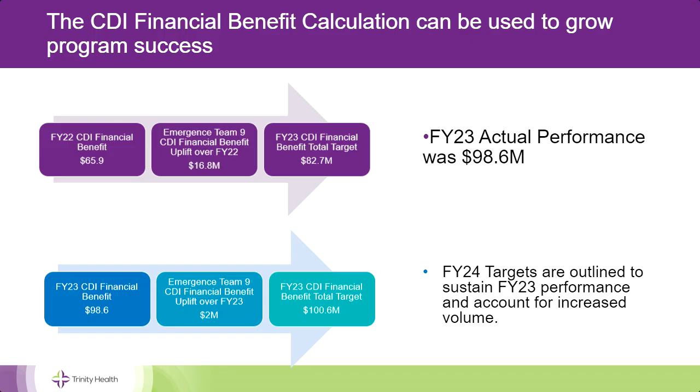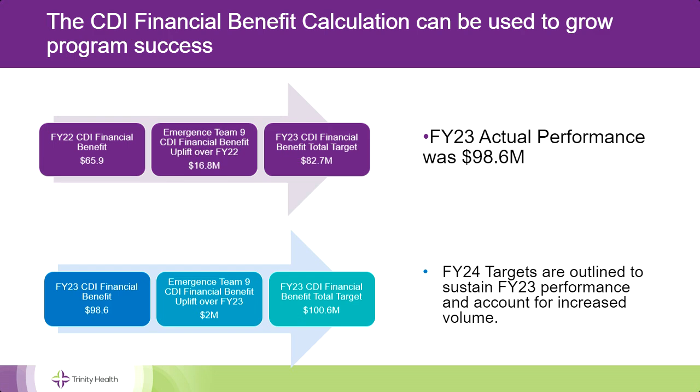We did have some sites who didn't achieve their targets in fiscal year 23. So similar to what we did the previous year to set budget targets, for fiscal year 24, we said if you hit your goal or exceeded it, you needed to maintain.